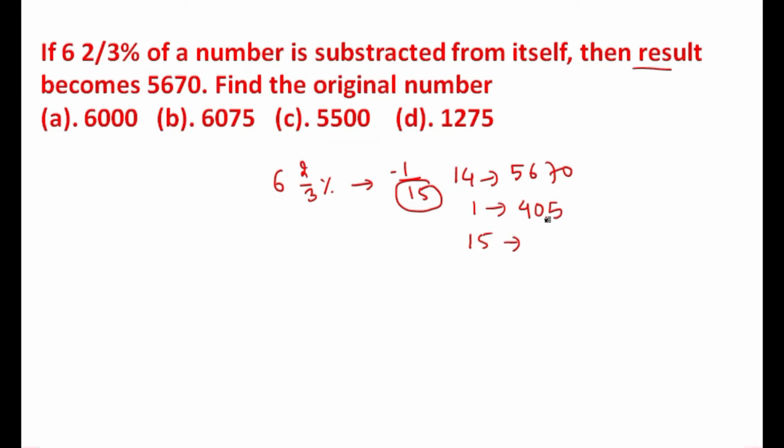If 1 is 405, then 15 is 15 multiplied by 405. Multiply it and get the answer. It will be 6075. Option B. Simple? Okay, good.